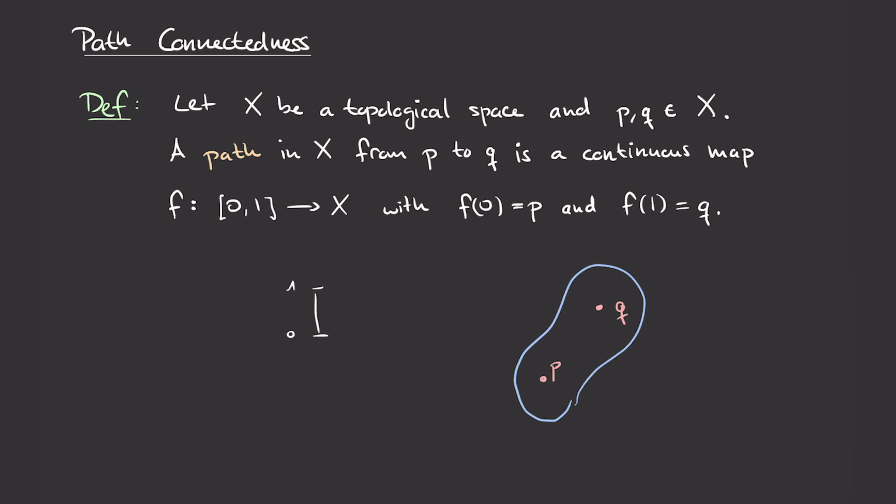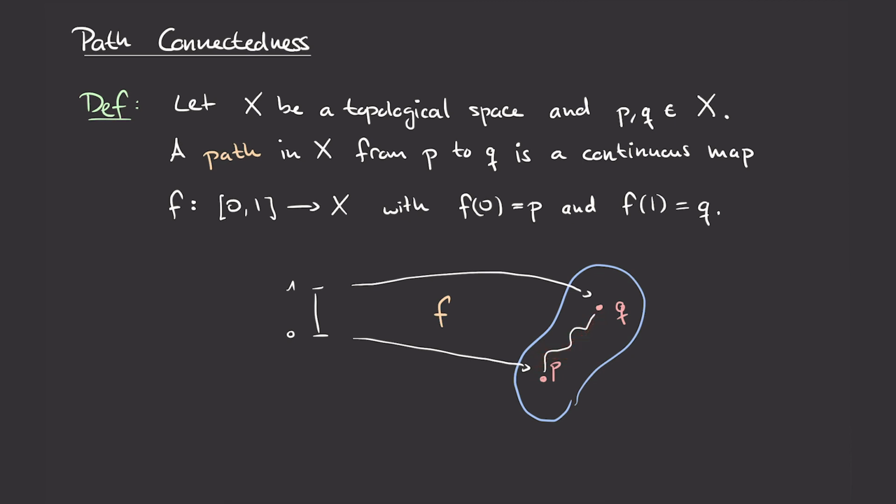So we need to map this into our space X such that 0 gets mapped to P, and 1 gets mapped to Q, and then the rest, so the middle part of the interval, can be mapped somehow, but it has to stay within X. So these arrows here are expressing our continuous map f, and it's important that this map be continuous, otherwise this thing here wouldn't necessarily look like a continuous path.